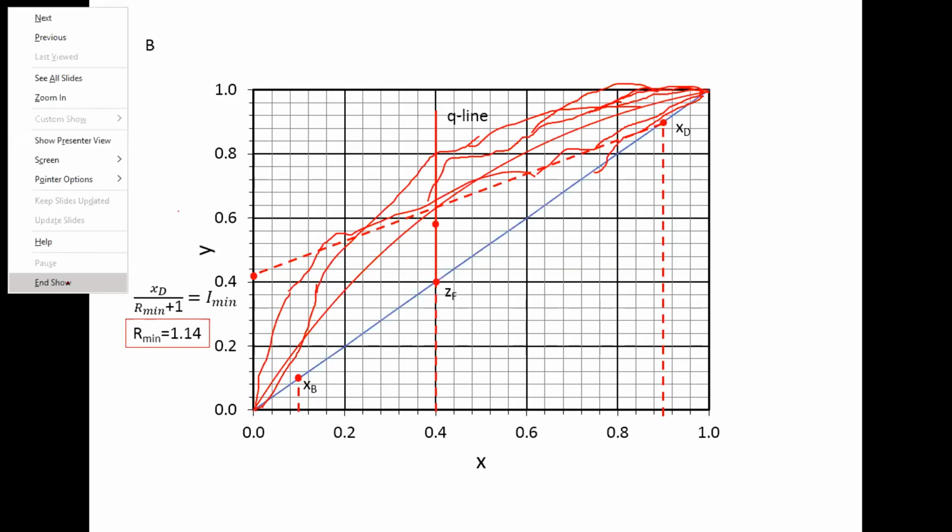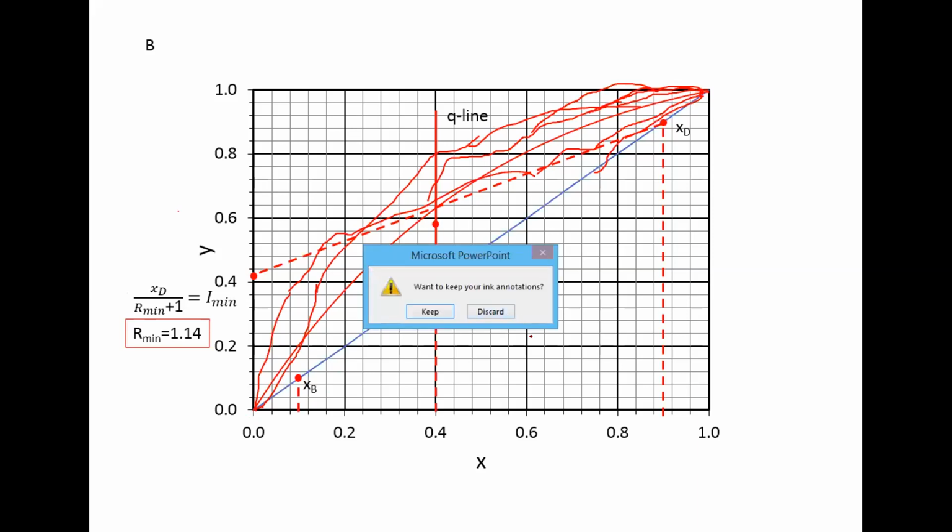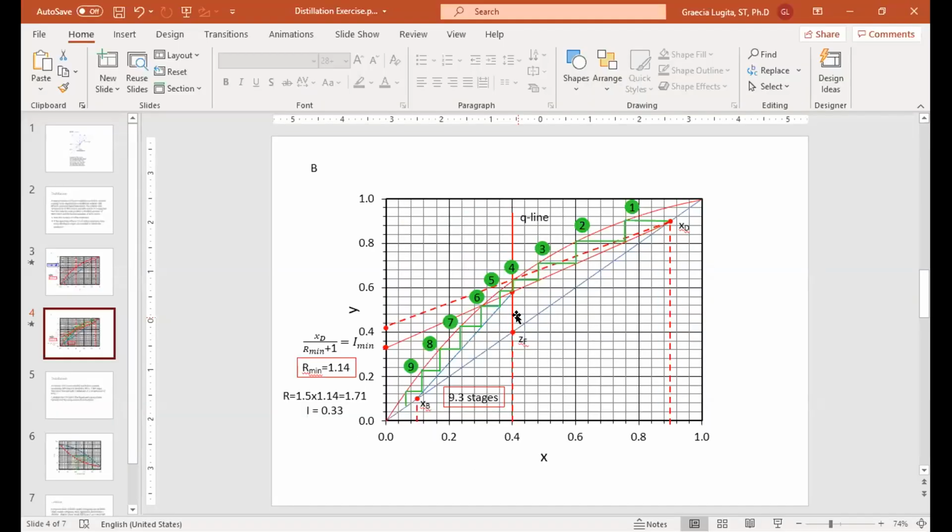Maybe I will prepare some for next week for you to exercise. But at least you know that the equilibrium line is not always a symmetrical arc like this. It can be fat on the bottom or it can be fat on the top. Later on, we will discuss how to determine the minimum reflux from the equilibrium lines.